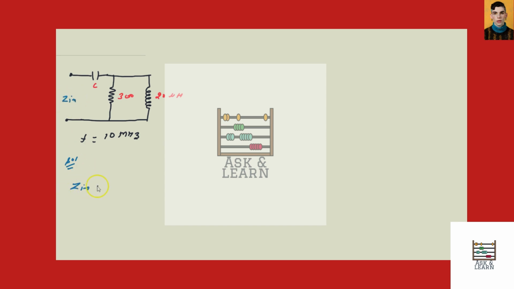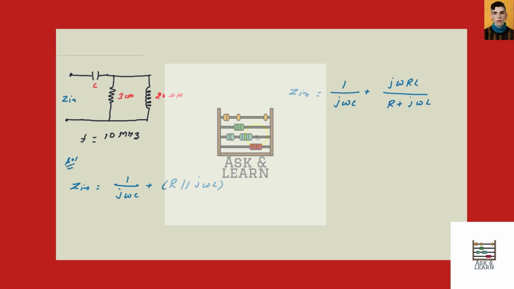Here the resistor and the inductor are connected in parallel, and both are in series with the capacitor C. So the net input impedance is 1 upon j omega C plus R parallel j omega L. Z input equals 1 upon j omega C plus, by calculating the parallel combination, j omega R L upon R plus j omega L.